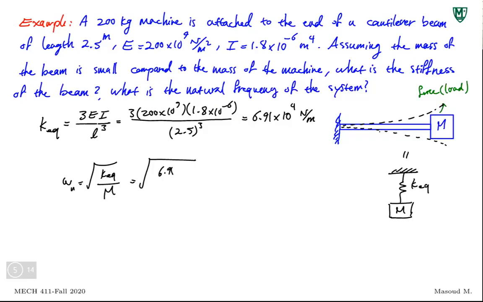So 6.91 × 10^4 divided by the mass, and the mass is 200 kilograms. This one, I actually do not have the number. So if you have a calculator around, double check the first number and give me the number for the second one. If you don't, that's fine, you can always do this math. Whatever you get would be in radians per second.